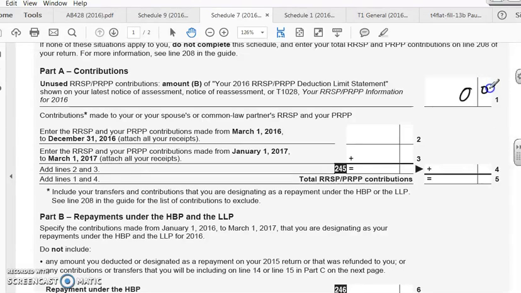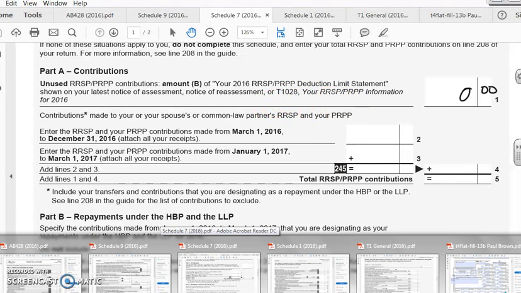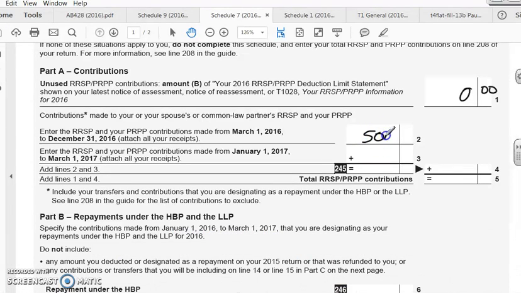His amount will in fact be 0 in terms of this unused contribution. In subsequent tax years, you get a notice saying how much room you in fact have.